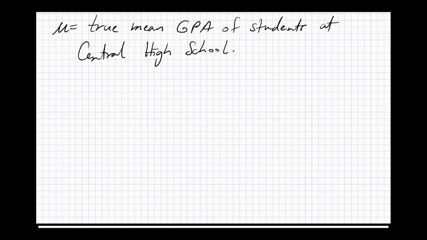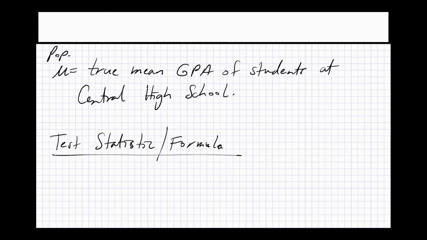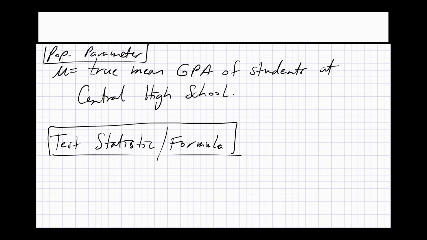Second one, test statistic or formula. You don't have to go in order, but as long as they're all there. So this one's not the population parameter. I keep forgetting to label them. It's important to label them so they know what they're looking at.